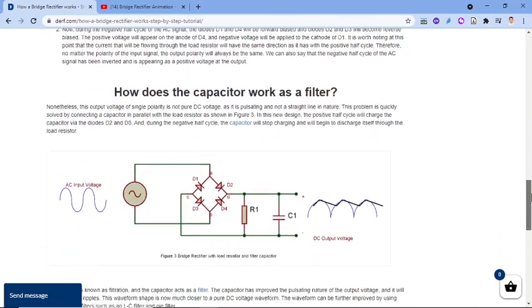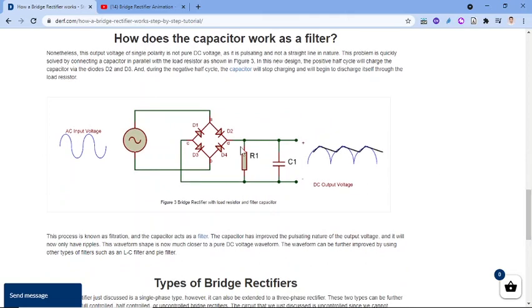Then when we connect a capacitor across the load, what happens? The capacitor acts as a filter circuit. So this is known as filter circuit. Then during AC cycle, we know that the capacitive reactance is 1 by 2 pi fc.